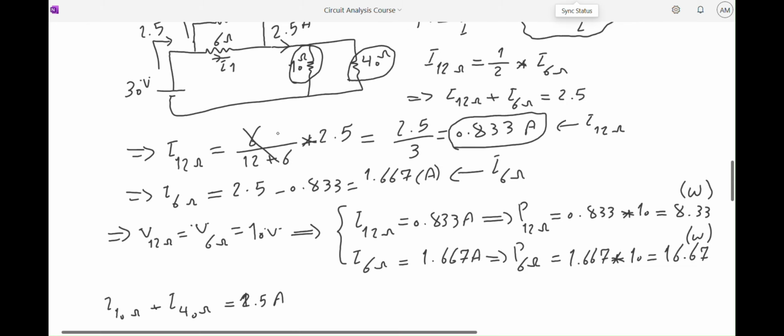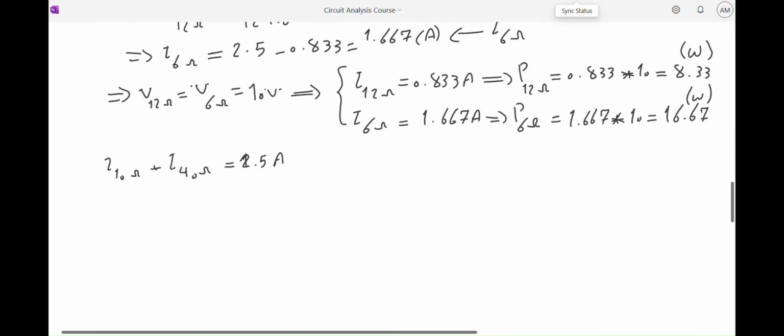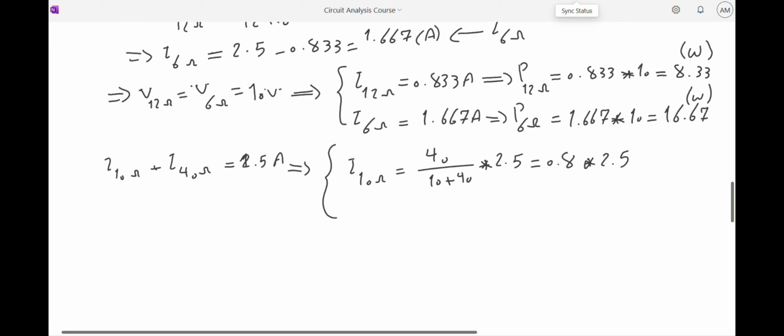Okay? And let's just save some time very quickly. The current of 10 ohm is the other resistor, which is 40 ohm, divided by 10 plus 40 times the main current, 2.5. 40 divided by 50 is 4 over 5, or 0.8 times 2.5. That gives me 2 amp.